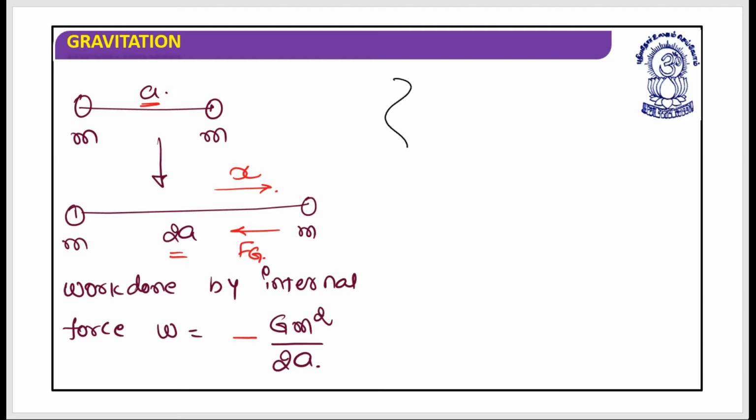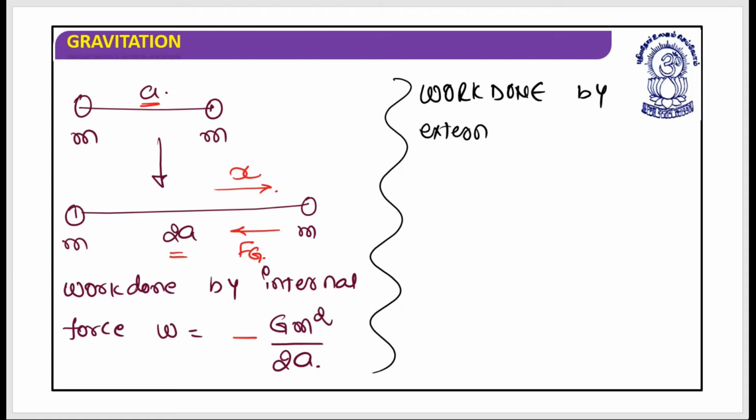Now what about the work done by external force? How will I do this? To find out the work done by external force, let's understand again this situation. The external force must act in the opposite direction to the direction of force of gravitation.